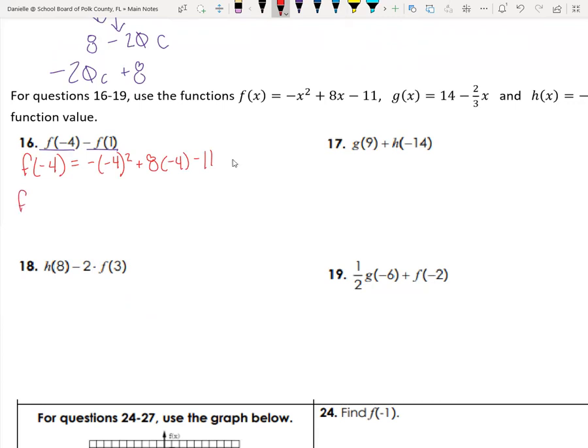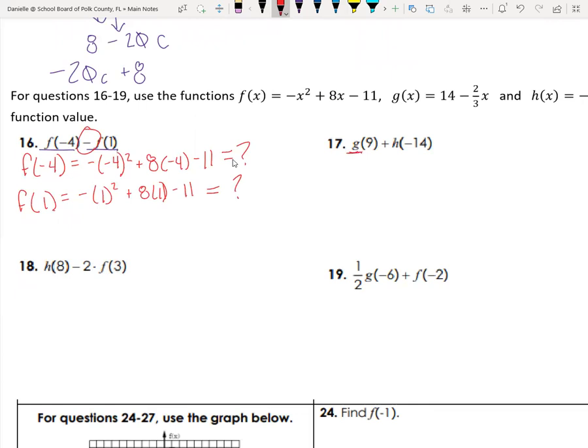And I'll have F at 1, which is negative 1 squared plus 8 times 1 minus 11. And I'm going to let you guys finish it off. Remember, don't forget when you get this answer, subtract the 2.